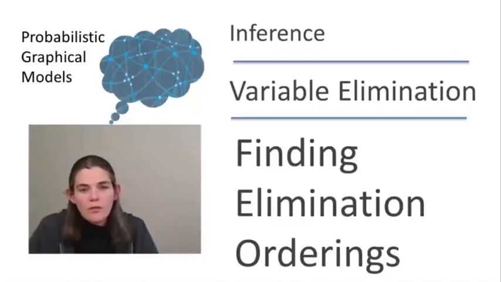When we discussed variable elimination, we said that variable elimination is correct no matter the elimination ordering that's used, but we also showed that the elimination ordering can make a very significant difference to the computational complexity of the algorithm. So that begs the question of how we find a good elimination ordering.